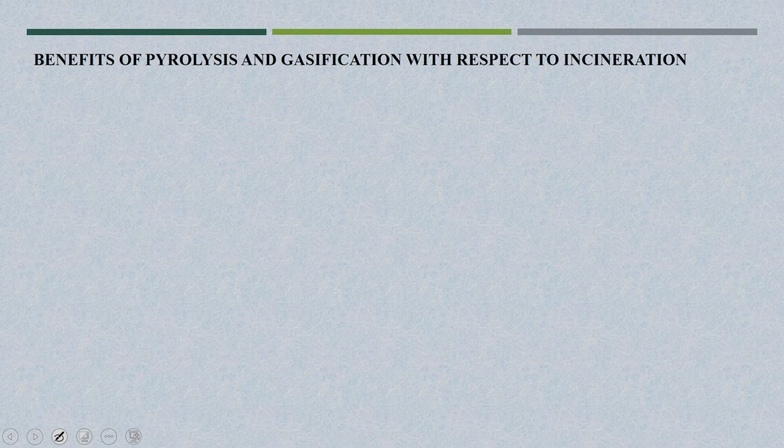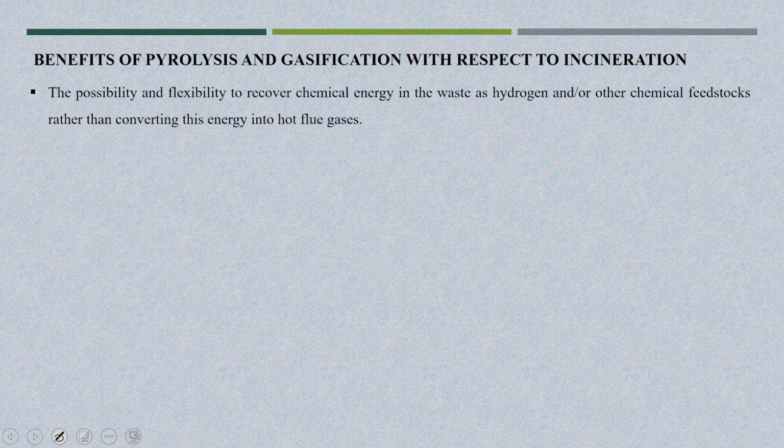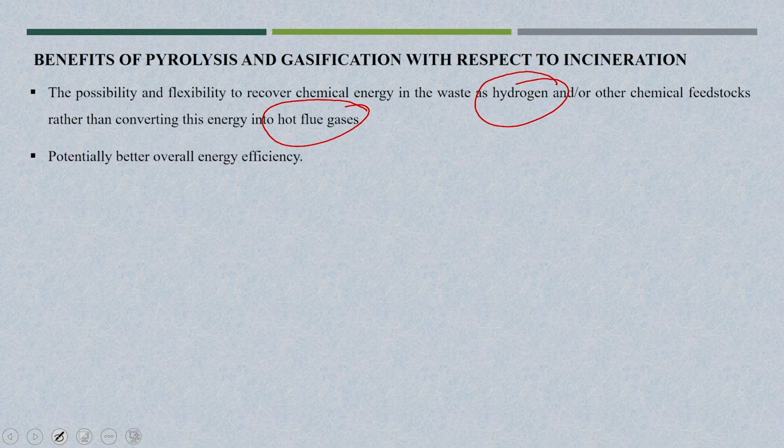So, what are the benefits of pyrolysis and gasification with respect to the incineration process? Okay. The first benefit is the possibility and flexibility to recover chemical energy in the waste as hydrogen. That is the major production in the gas. In incineration, hot flue gas is produced, whereas here we call it syngas.